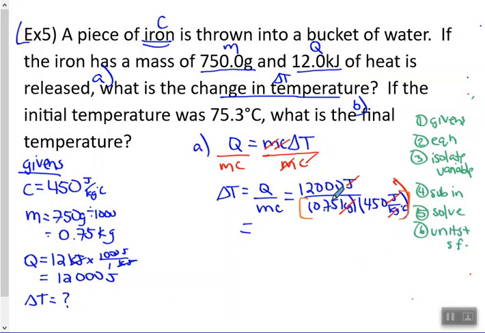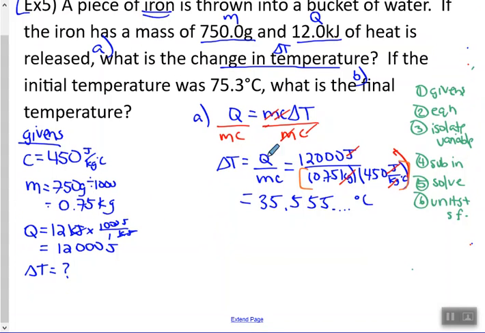I hate using brackets, so what I will usually do is 12,000 divided by 0.75, and then press the divide button again because you're also dividing by 450. You will get the correct answer without those pesky brackets. You should be getting 35.555, and so on, degrees Celsius. If you're not getting that, you may have made the bracketed denominator error. So find a way that you will not mess that up.